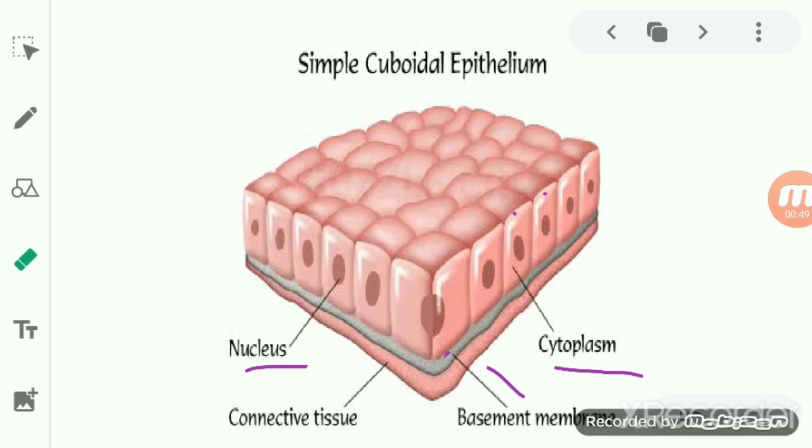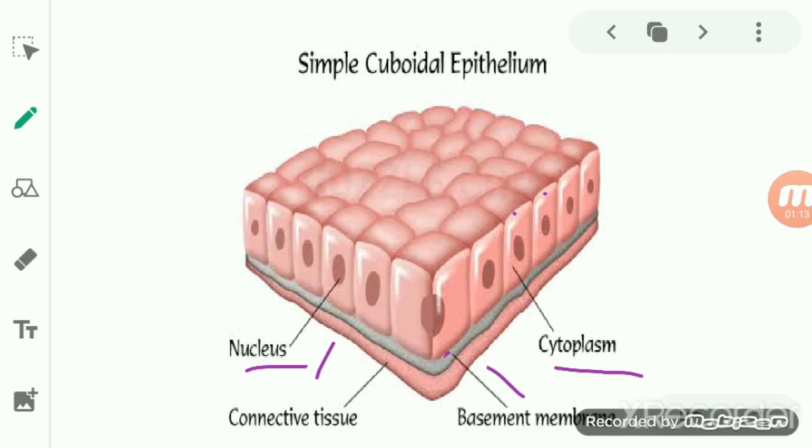Now this cuboidal epithelium has a prominent nucleus. A nucleus is present at the center, as well as a living cytoplasm. So it consists of a cytoplasm and a nucleus, and here also this cuboidal epithelium rests on a non-cellular membrane, which is known as the basement membrane.